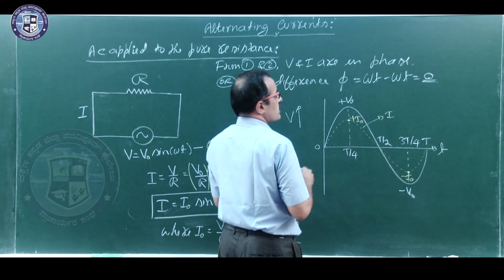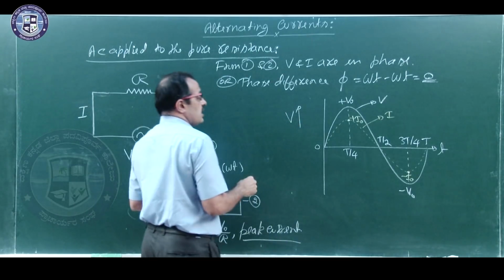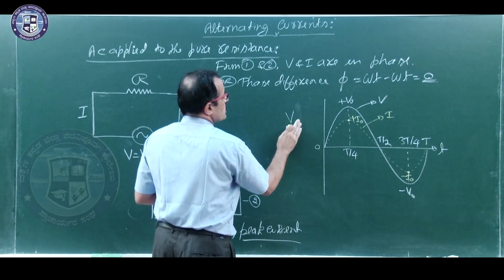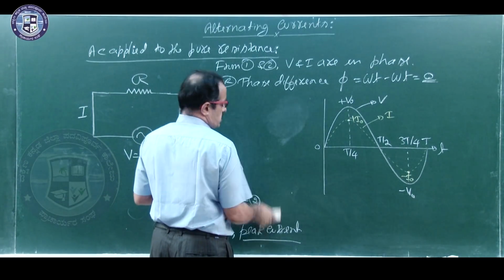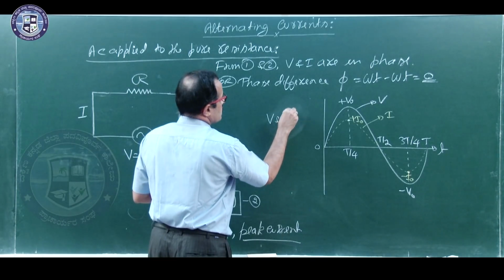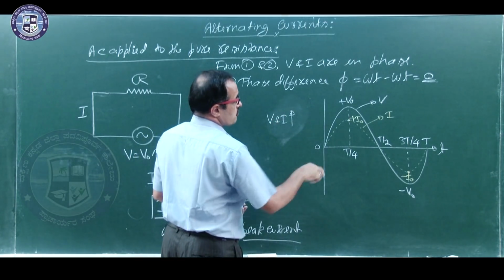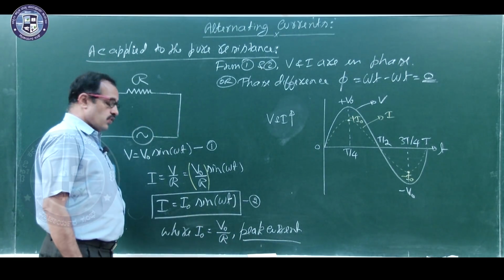It is the graph of current, it is the graph of voltage, and here we are plotting both of them. In the axis you have to mention it is V and I together. So, this is the graphical representation of current and voltage.